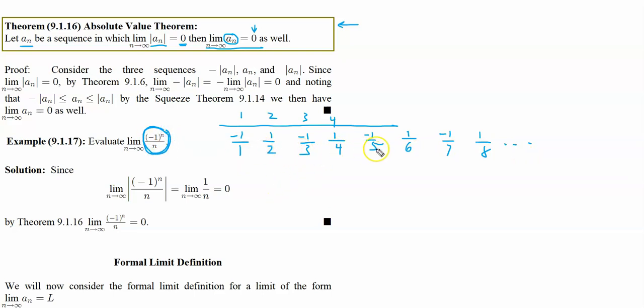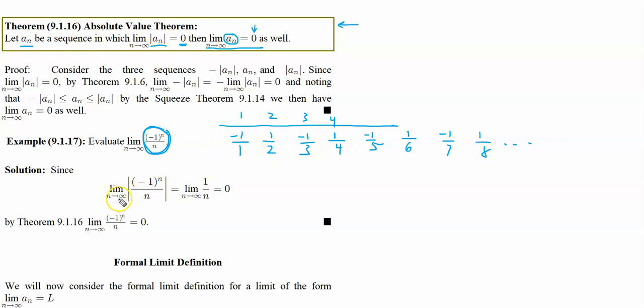Okay, so you can see these are getting closer and closer to 0. It's just that some are getting closer and closer to 0 from the positive side of 0, like 1/4, 1/6, 1/8, 1/10. And some are getting closer and closer to 0 from the negative side, -1/3, -1/5, -1/7, and so on. But to prove that this limit is, of course, going to be equal to 0, we can invoke the absolute value theorem.